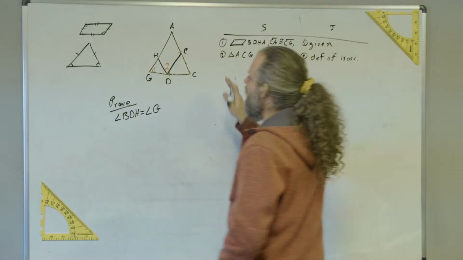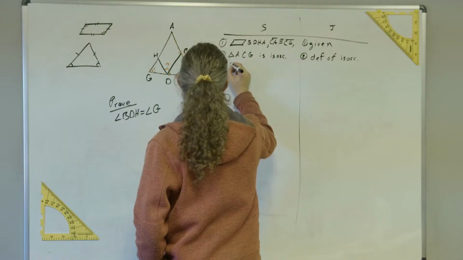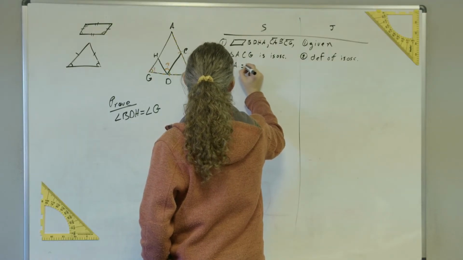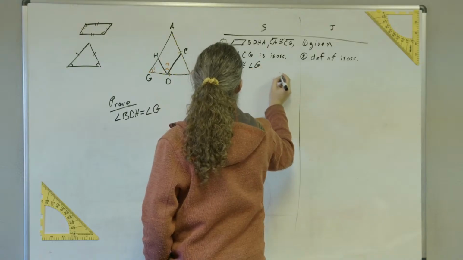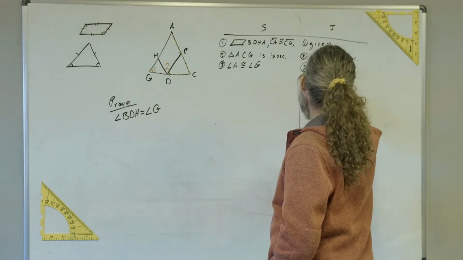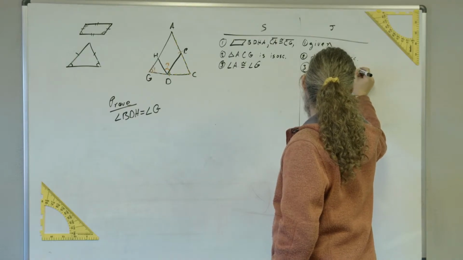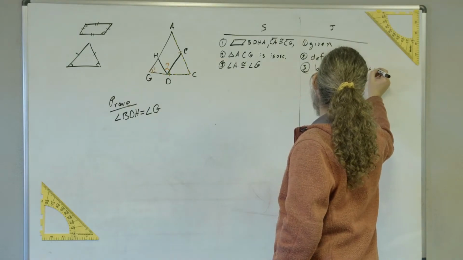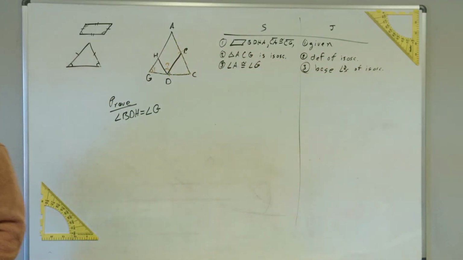Then we can say angle A is congruent to angle G because base angles of isosceles, right? Easy peasy. Great. What else can we say?